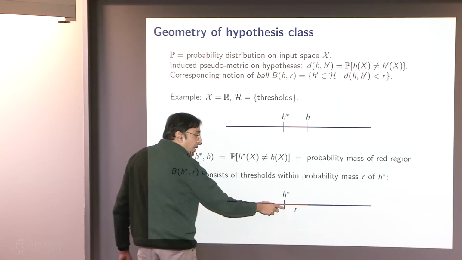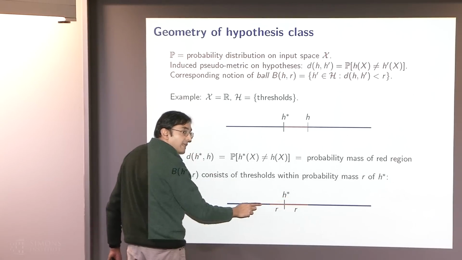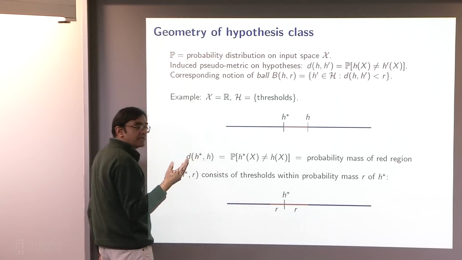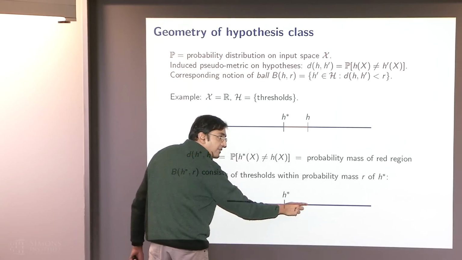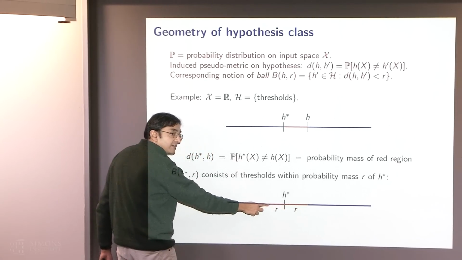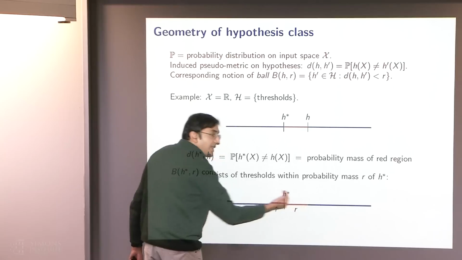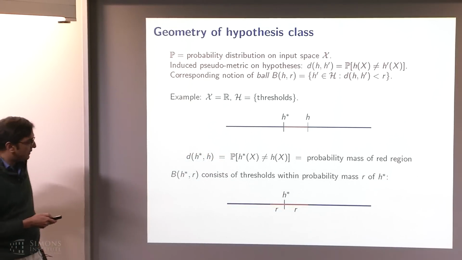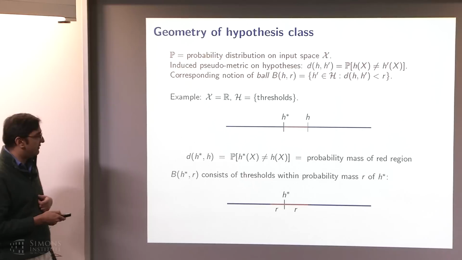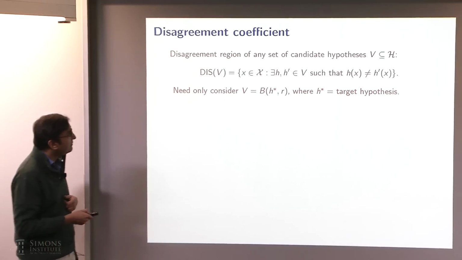The ball of radius r around the target classifier is everything that disagrees with it on less than r fraction of points. So you look at probability mass r to the right and probability mass r to the left, and any threshold that lies in there is in this ball, B(h*, r). So this is the geometry of the hypothesis class.